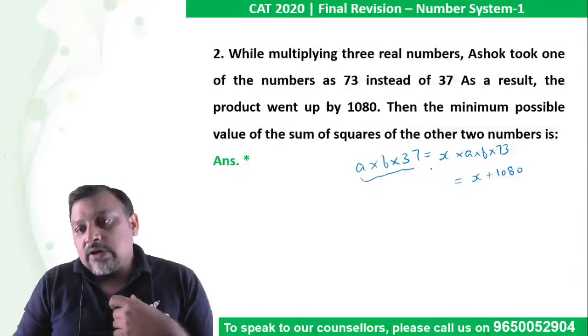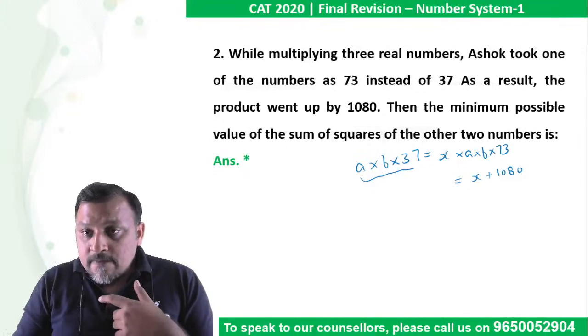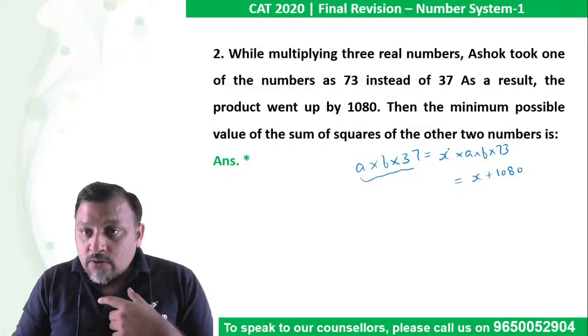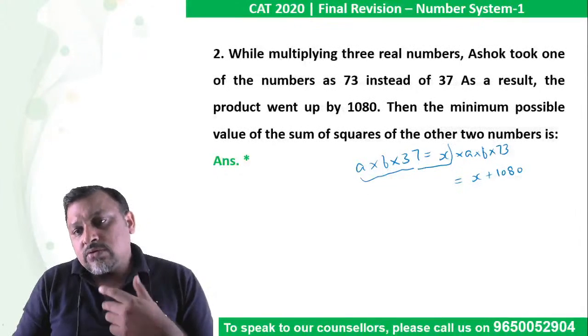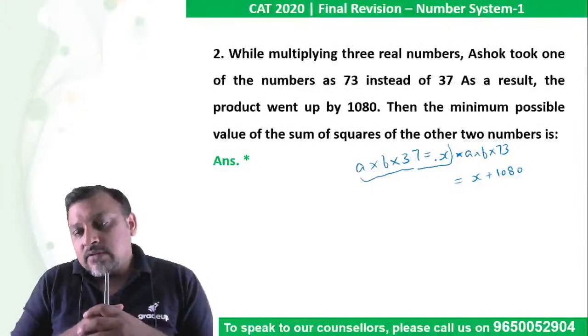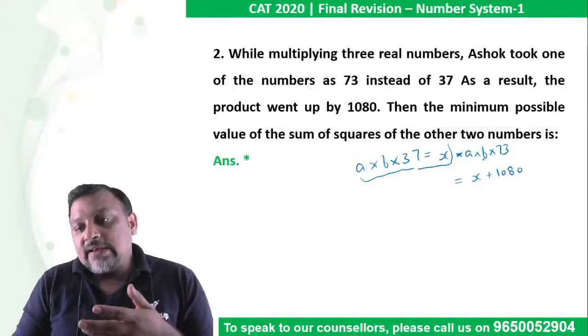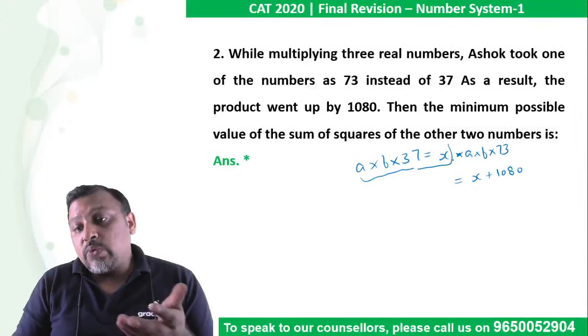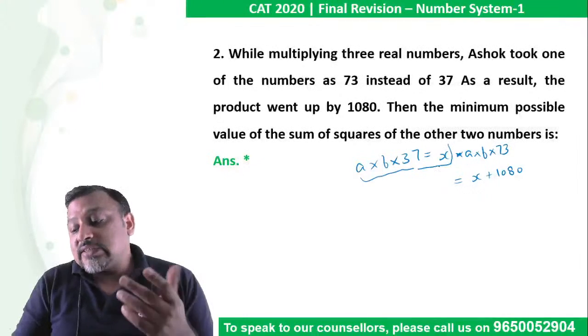This is the original product. Okay, you have taken it to be X. So I don't think it will matter. You will get the same equation again. Even if you solve it like this, you will get the same thing again. If you are saying this is the original product and this is the new product, so if we equate the values of X, I will get the same thing again.